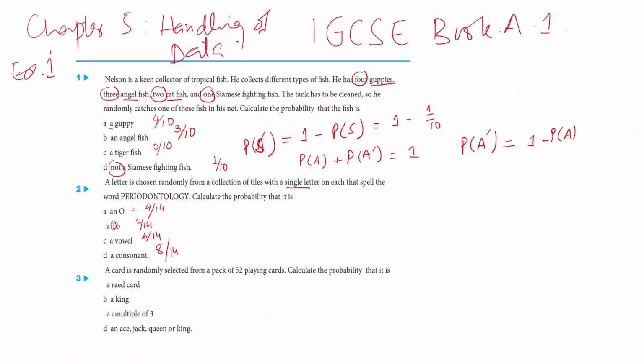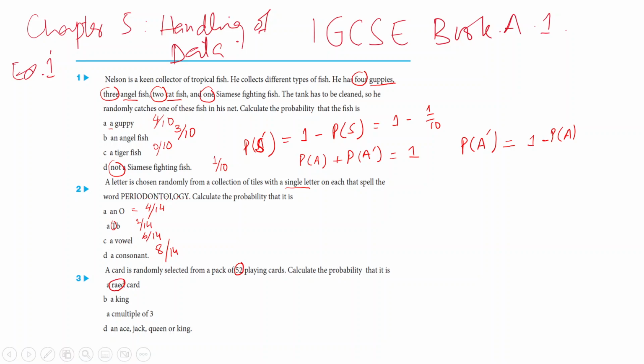So the next question is, a card is randomly selected from a pack of 52 playing cards. So there are 52 playing cards. What should be the probability of a red card?